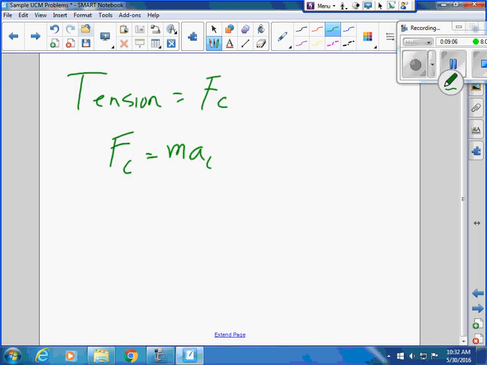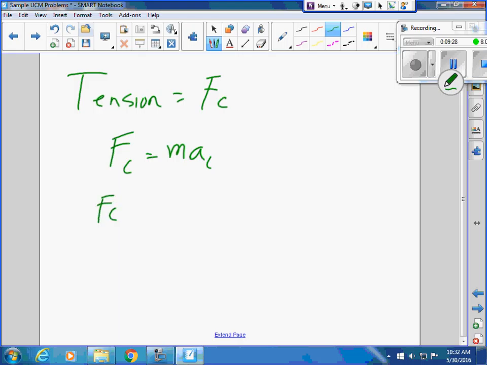The tension in the string that we normally talk about as a big T, maybe we should be calling it Ft, but it's the centripetal force, right? The tension in the string is what's providing the centripetal force. So we're going to use our old grade 8 friend, F equals ma, but the F is centripetal force and the A is centripetal acceleration.